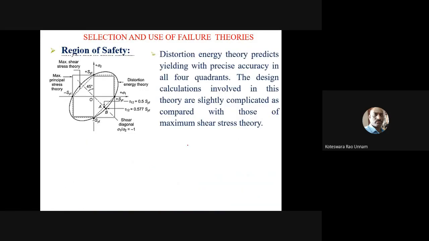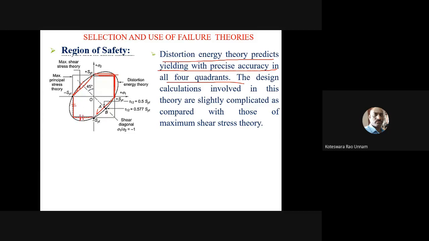Then the next point is that the distortion energy theory predicts yielding with precise accuracy in all four quadrants. You can see that in all four. The maximum normal stress theory and maximum shear stress theory predict properly only in the first and third quadrants. If you take the first quadrant and the third quadrant, your maximum shear stress theory is the same as your maximum normal stress theory.